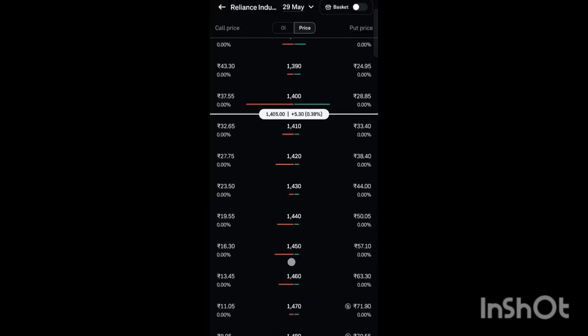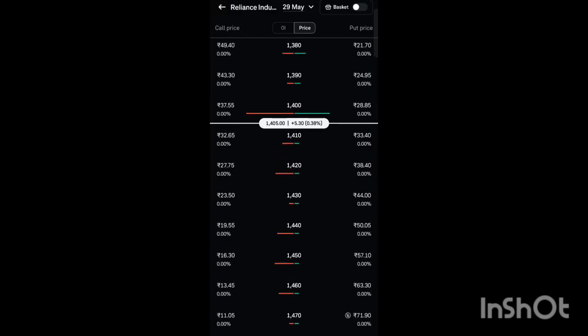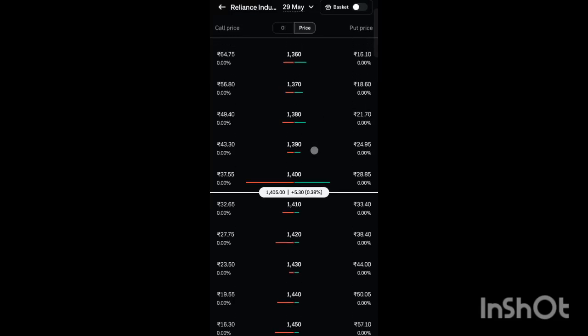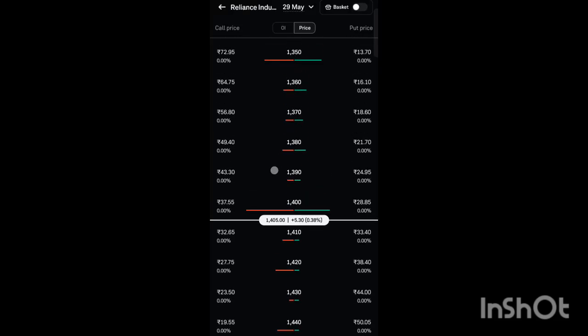Either you can call it a resistance, you can also cross check it. You can understand that this is not exact price action, but you can roughly have an idea of on which strike mostly sellers are selling their option, because sellers are using a huge amount of money to sell options, rather than using their money like buyers just to pay a premium, and then they are getting the benefit.